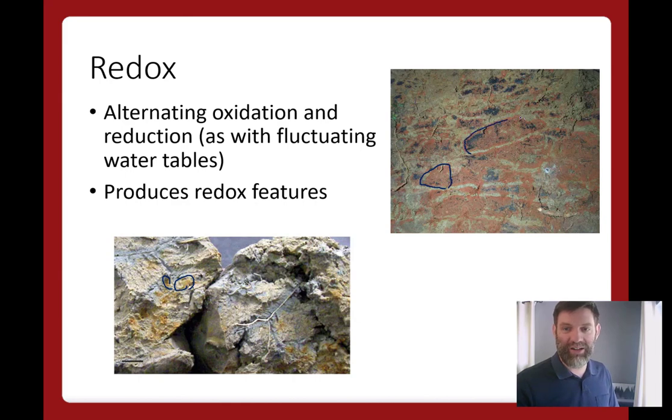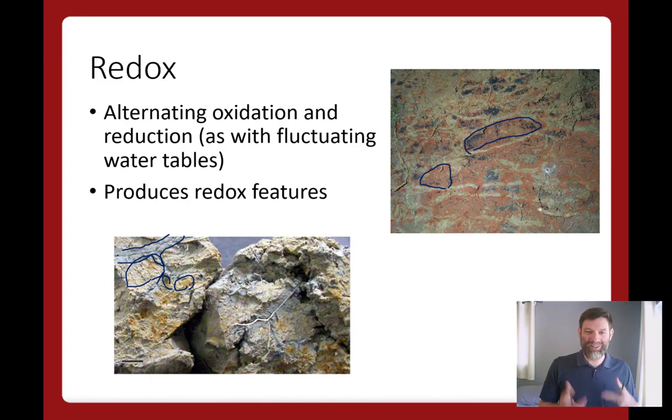We're concentrating iron. And other areas where the iron has been removed when it was mobile as Fe2+. These are called depletions because we've depleted the iron out of them and concentrated it into the concentrations. So these mottled, splotchy grays with oranges tell us that we have fluctuating water tables through this area. Sometimes it's reduced, sometimes it's oxidized.